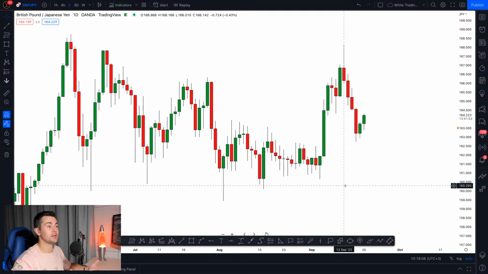We need to identify the market trend to know where the market is going, and with key levels we are just trying to find the safe spots from where we can catch the trend following moves, from where we can catch the pullbacks. So let's start with the trend analysis on pound yen.